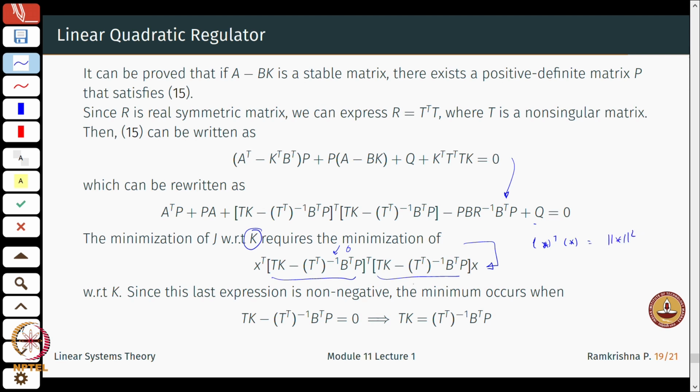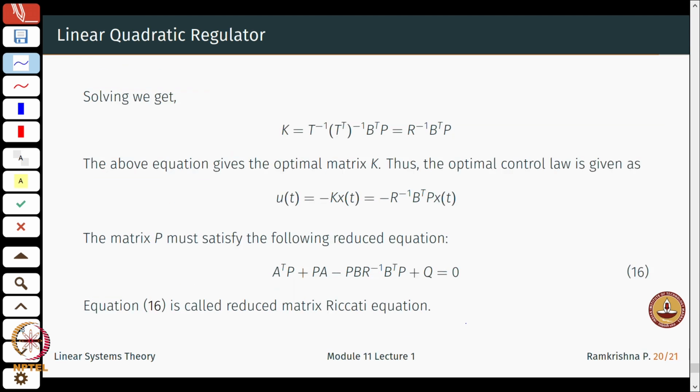So the minimum value here is only 0, and this 0 occurs when the term in the bracket becomes 0, which essentially means that TK is something like this. Now I can back substitute and get a good looking value of K, which is R inverse B transpose P. Okay, let's keep this in mind.